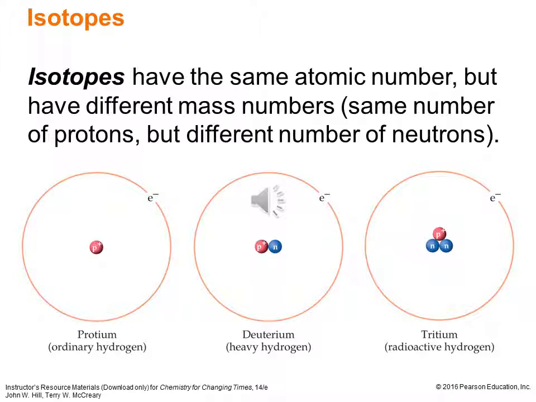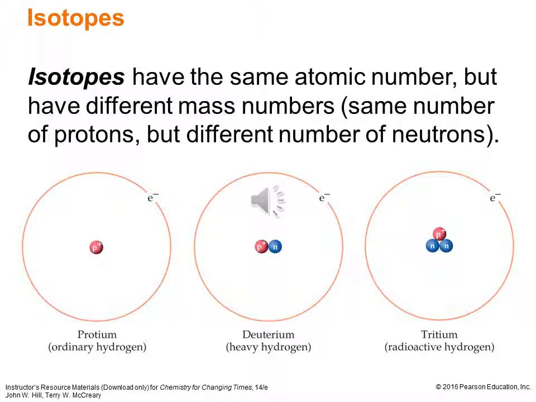So here, if we consider just 1 proton, that gives us the element hydrogen. Hydrogen comes in 3 varieties. The overwhelming majority of hydrogen atoms are what we call protium, just 1 proton in the nucleus, no neutrons, mass number of 1, just like an atomic number of 1.